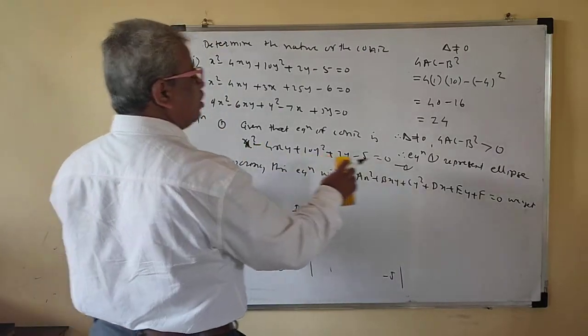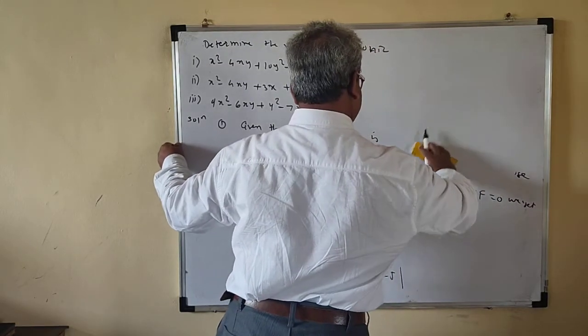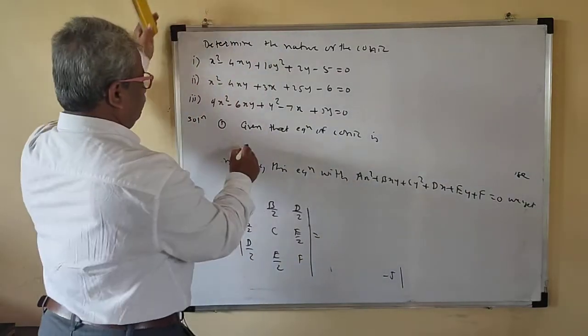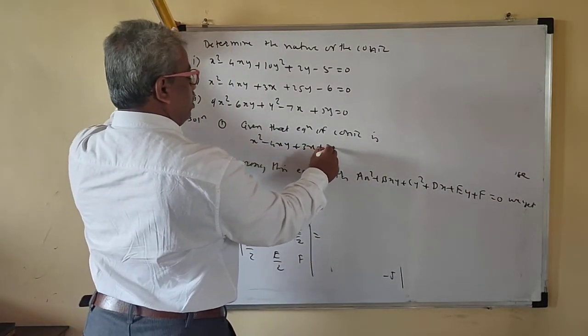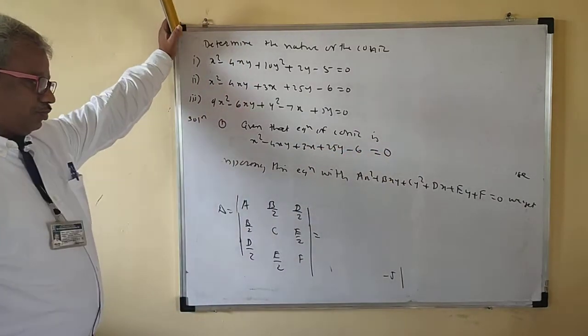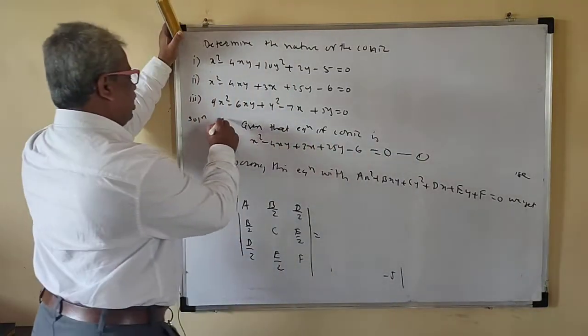Okay, for the second one, given that the equation of conic is x square minus 4xy plus 3x plus 25y minus 5 is equal to 0. We are solving the second equation.